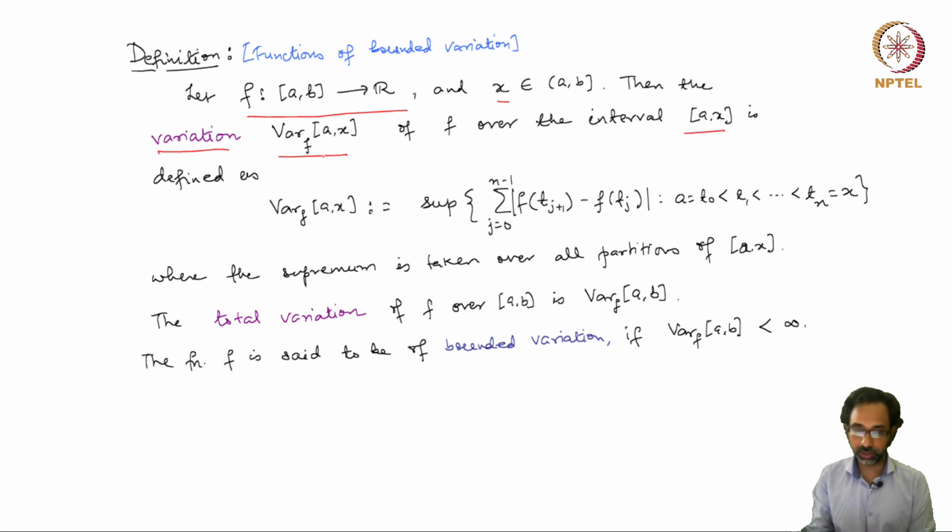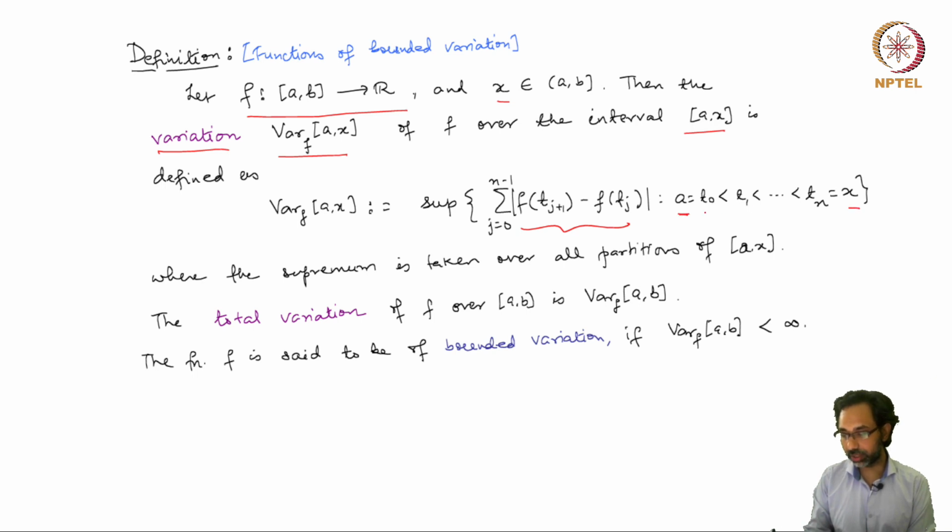So this is the variation of f over the closed interval a x, and it is defined as the supremum of all these sums, which measure how much f is varying over endpoints of subintervals given by a partitioning of the interval a x.